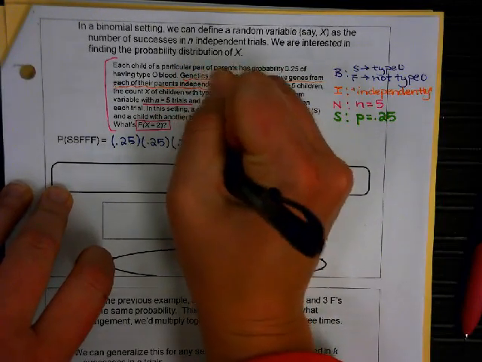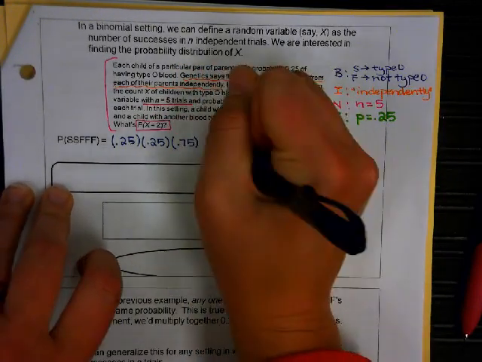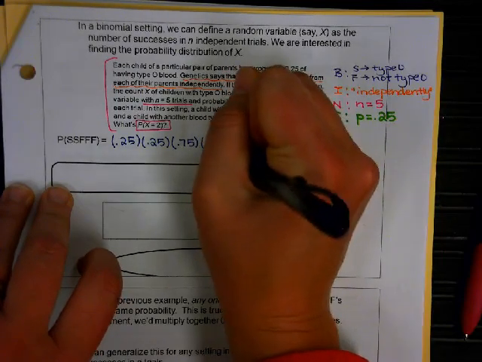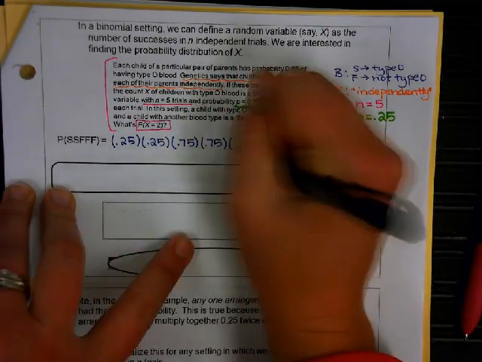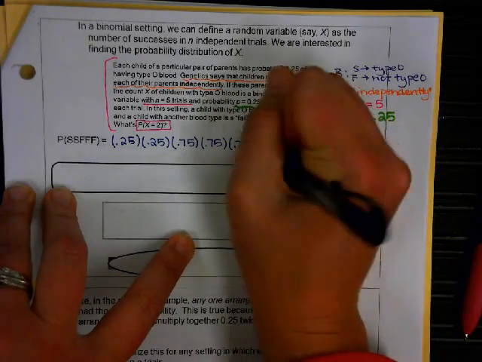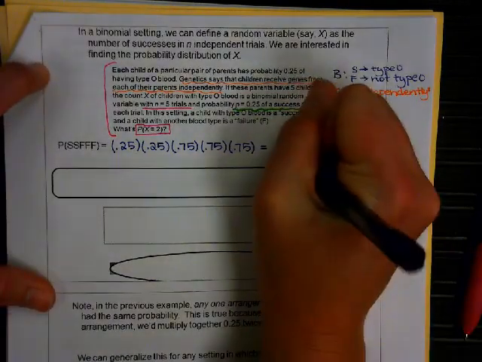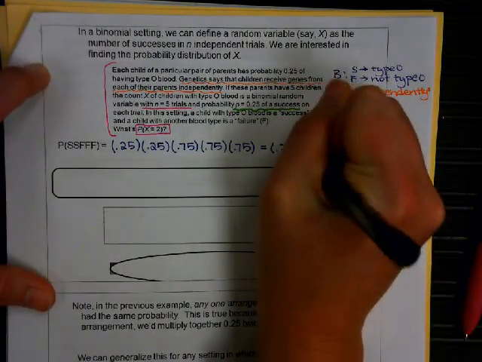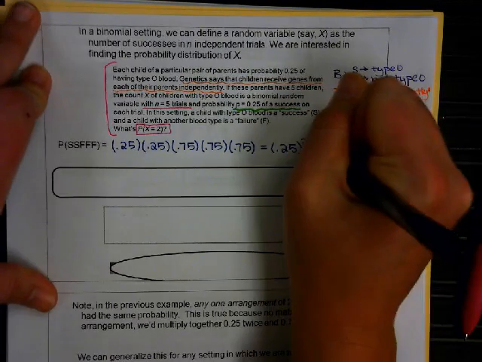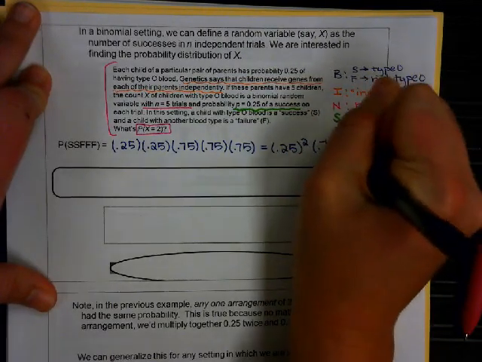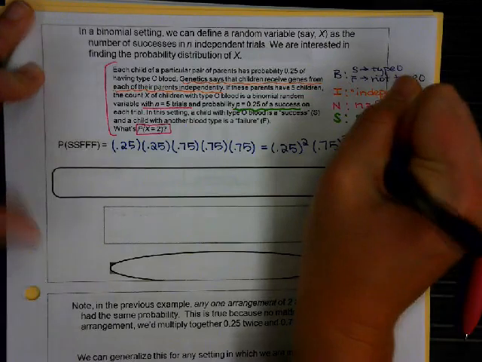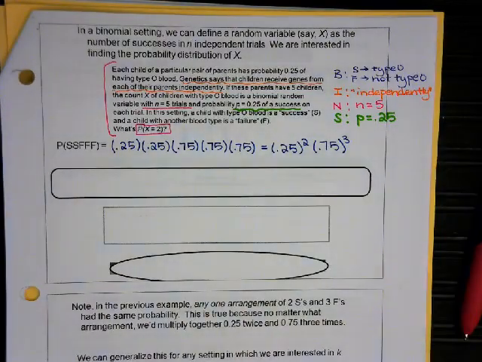75%. So I could simplify that and say 0.25 squared times 0.75 cubed, right? That's really what I'm doing. Taking the probability of success, raising it to the number of successes I want, and the probability of failure raised to the number of failures I want.